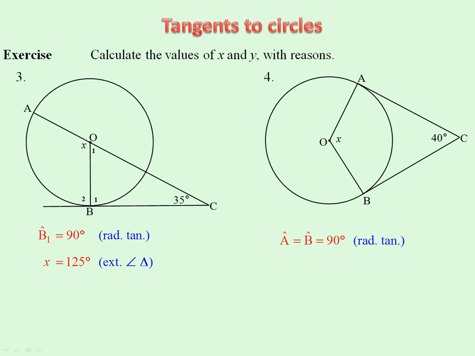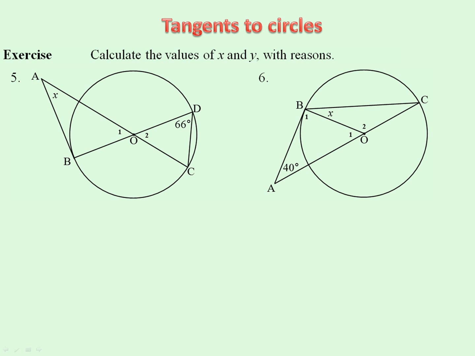So there we are. Both of those are 90 degrees. And now we have a quadrilateral. We know 3 of the angles, and we know the angles of a quadrilateral add up to 360 degrees. So we can find x straight away that way. But there are a few other ways to do it.